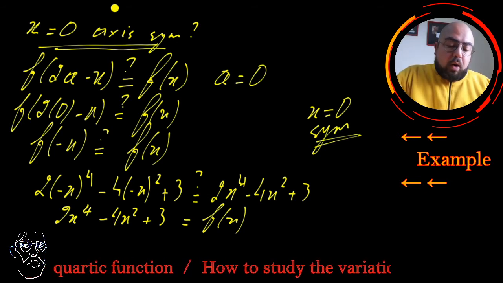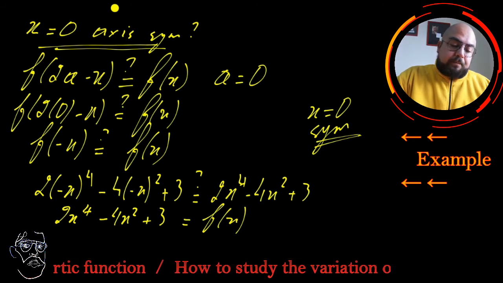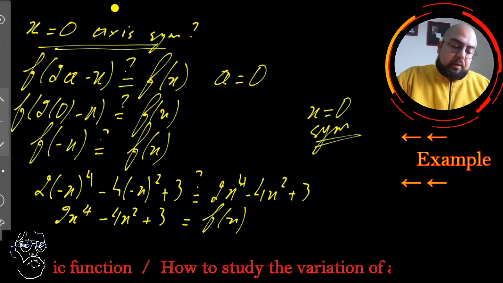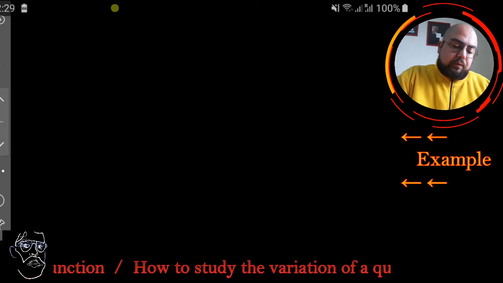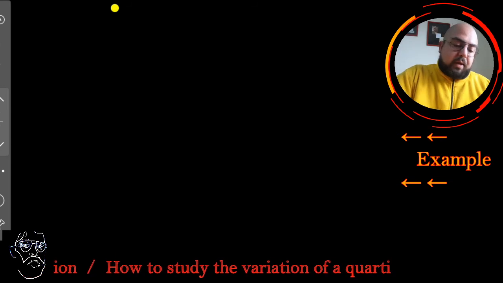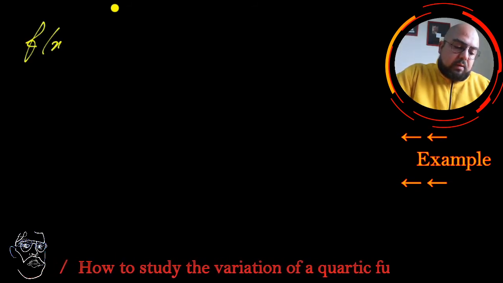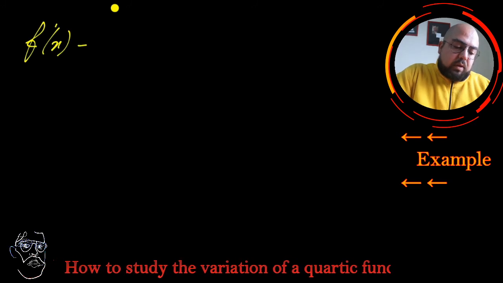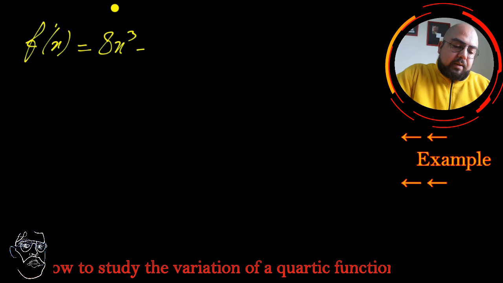Okay, what about the inflection points? So if we're gonna calculate the coordinates of inflection points, it's very easy. You will have to go through f double prime of x. So f prime of x was equal to 8x^3 minus 8x.